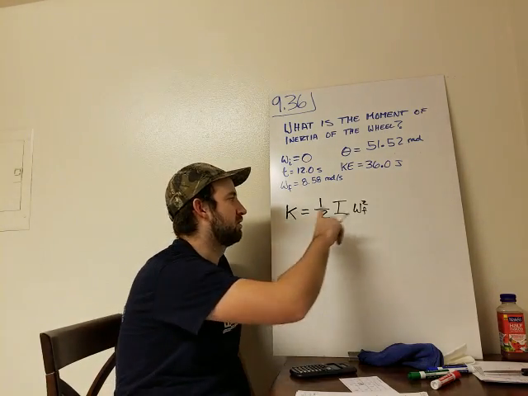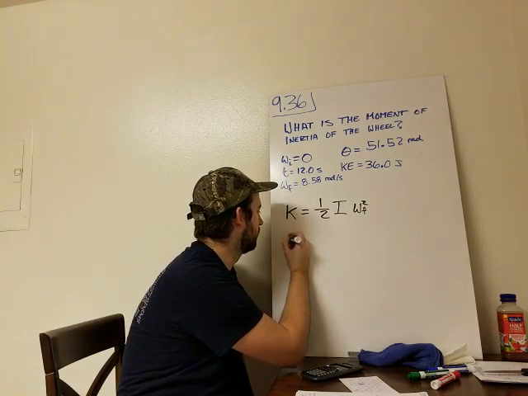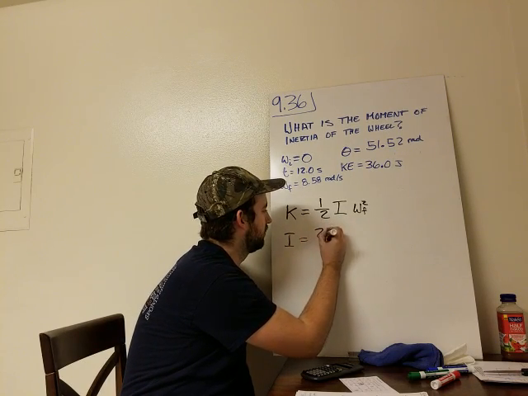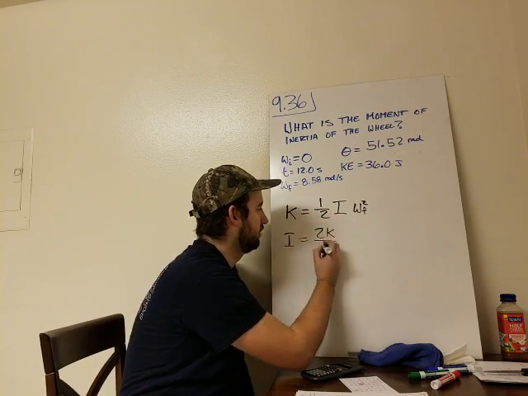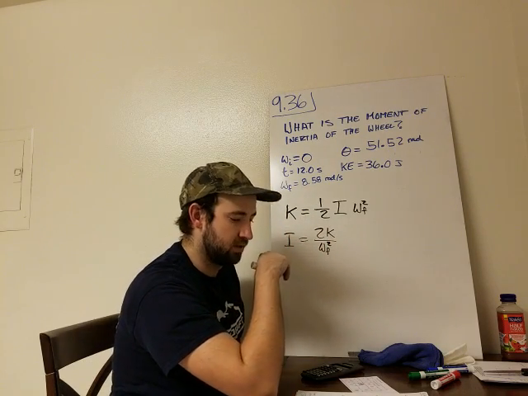And now we can just solve for I. So we end up getting that I is equal to 2 times the kinetic energy over the final angular velocity squared.